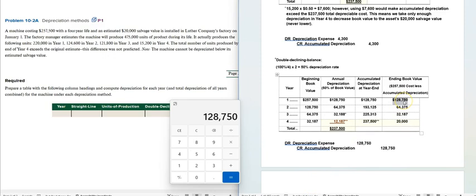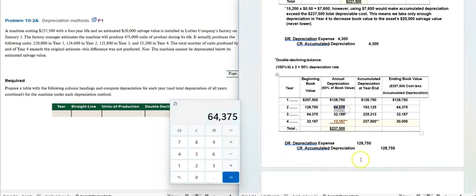Last year's end of year 1 book value becomes the beginning book value for year 2. And when I get to the end of year 2 and I'm trying to determine my depreciation expense, I'm going to multiply my depreciation rate times the year's beginning book value. Beginning book value is $128,750 times 50%.